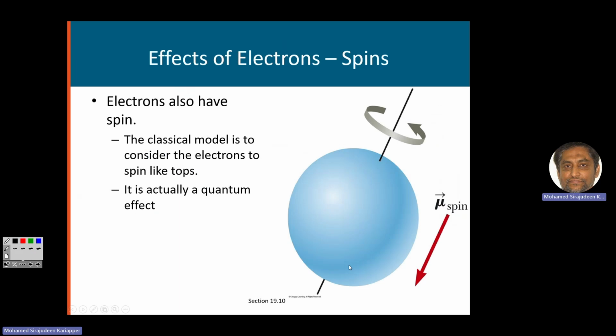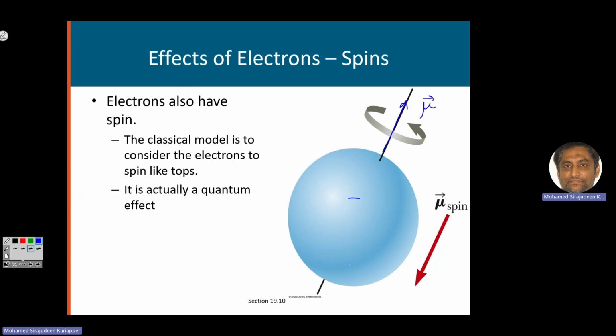But we have another thing called the spin. Electrons go around, that is the orbital motion. The electron can also spin. It's actually not a real physical spin, the classical spin, but it's a quantum effect, okay? But anyway, we can model it as a spin like this. So if this is the electron that you see in this picture, it may be spinning about an axis at the center. Then using our right hand rule, if the charges are moving like that, it will have a magnetic moment this way.